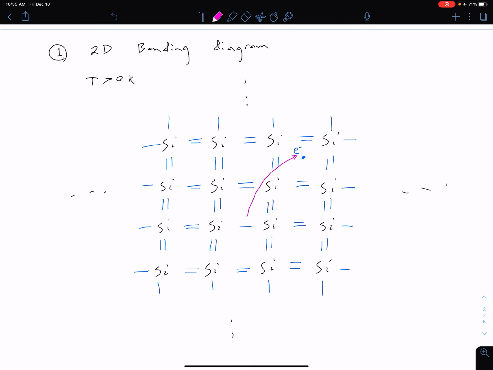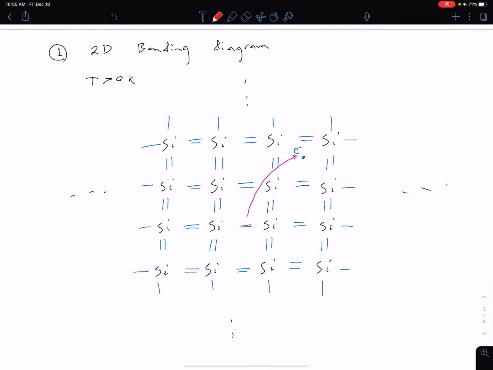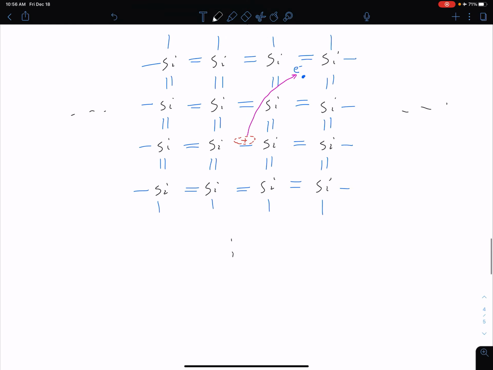In doing so, it's going to leave behind this area. Let me do a dashed line. So it's going to leave behind this area here, which is going to have a net positive charge. If we think about it, this was balanced in terms of charge, and then we take away an electron, so now we have a positively charged region, and that positively charged region is what we call a hole.